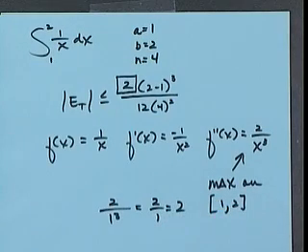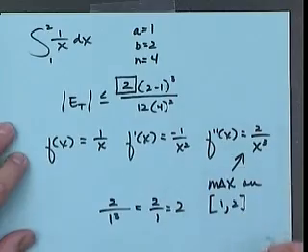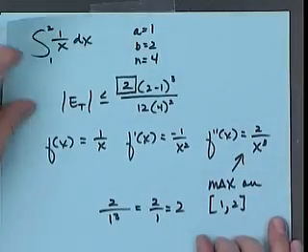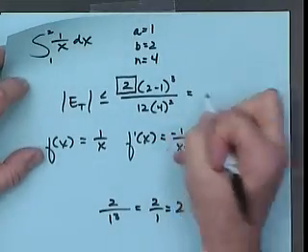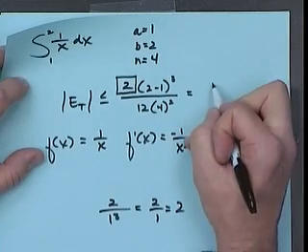So there's what kind of error we should expect with the function that we had, 1 over x, and the limits that we had from 1 to 2, and the number of trapezoids that we had, which was 4. So let's see what that is. Numerator is what? 2.